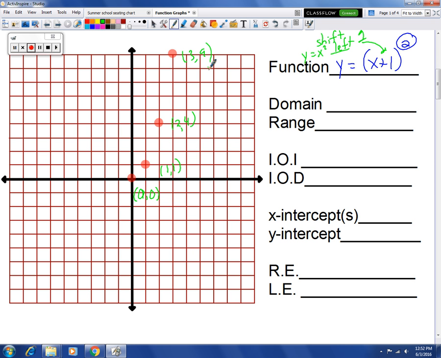And then it's symmetric. So you just go across the y-axis, and say there's a dot right there. Those two are symmetric, and then this point here, go left 2 and up 4, you go left 3 and up 9, okay, and draw your curve.